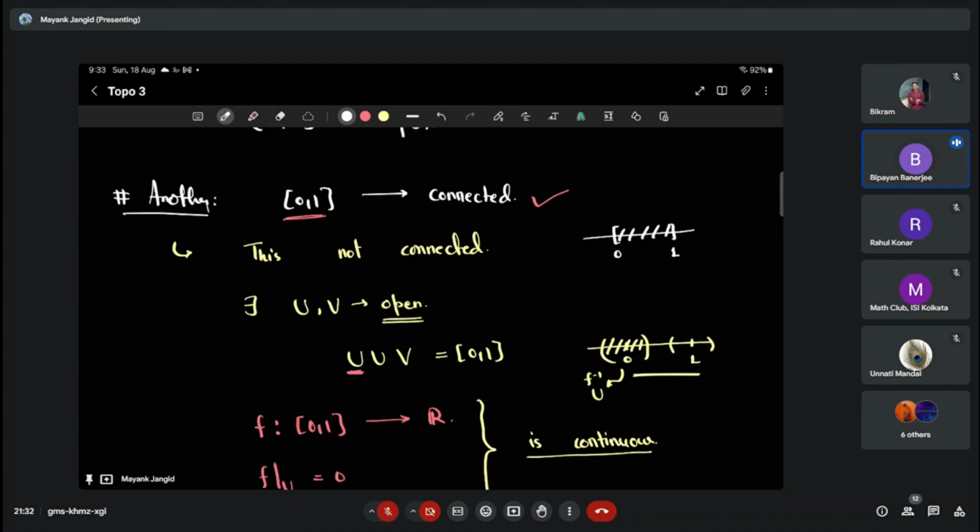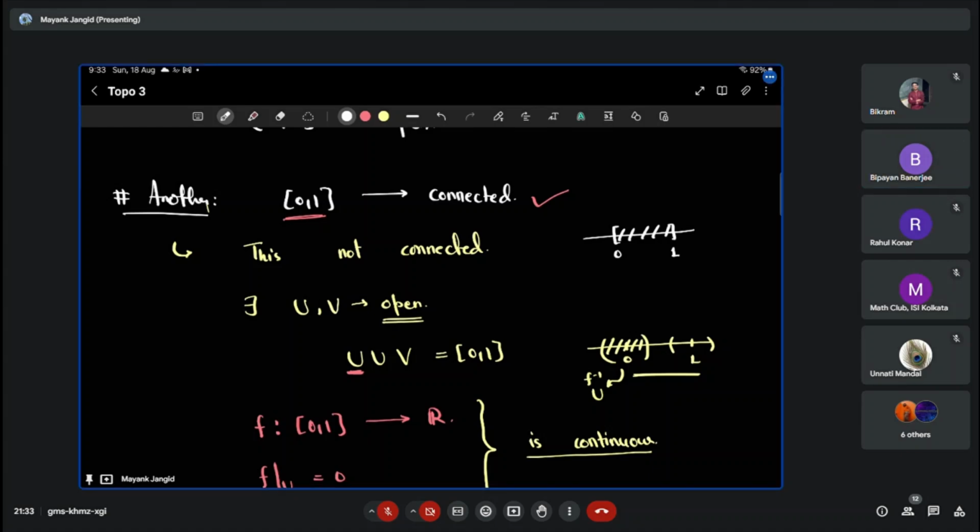I was viewing it as the subspace topology, a subset of R. Yeah, so even if you take the subspace topology, the topology will be the same. Even if you consider this as a metric space, the topology will be the same. So take that as homework. You could try that.